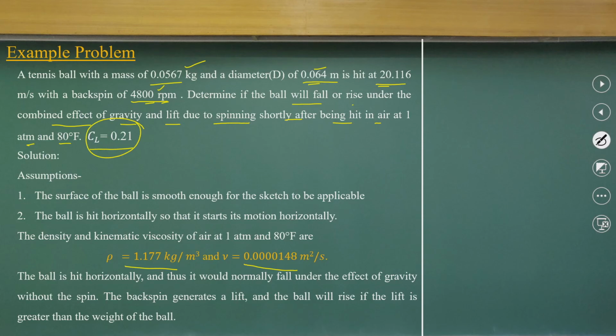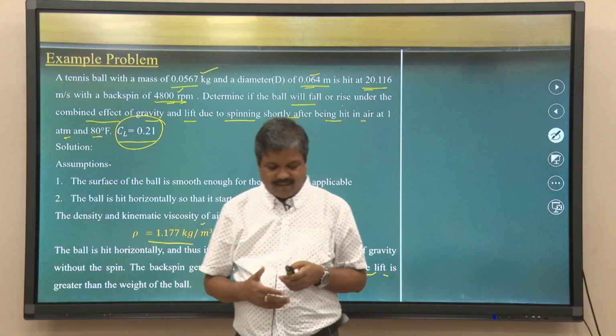The ball is hit horizontally, thus it would normally fall under the effect of gravity without a spin. Spin generates a lift, but the ball will rise if the lift is greater than the weight of the ball. That is what I told.